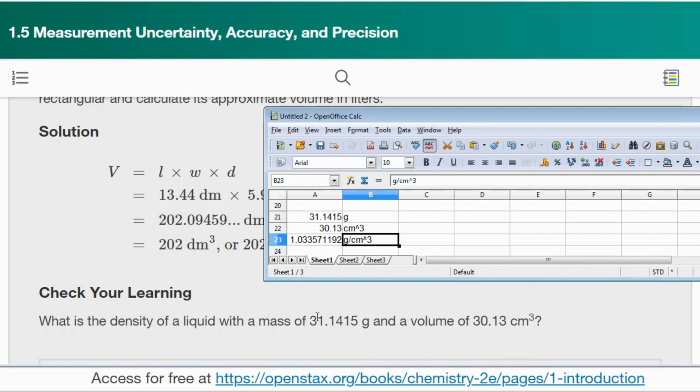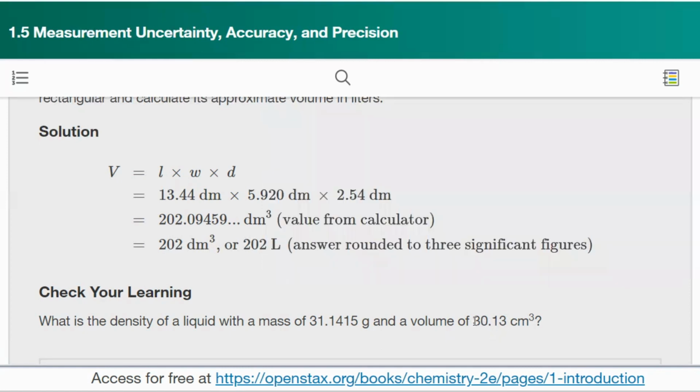So we take each number, the numerator and denominator, and figure out which one has the least number of significant figures. And it is this number here that has 4 significant figures. That number of significant figures should be reflected in the answer.